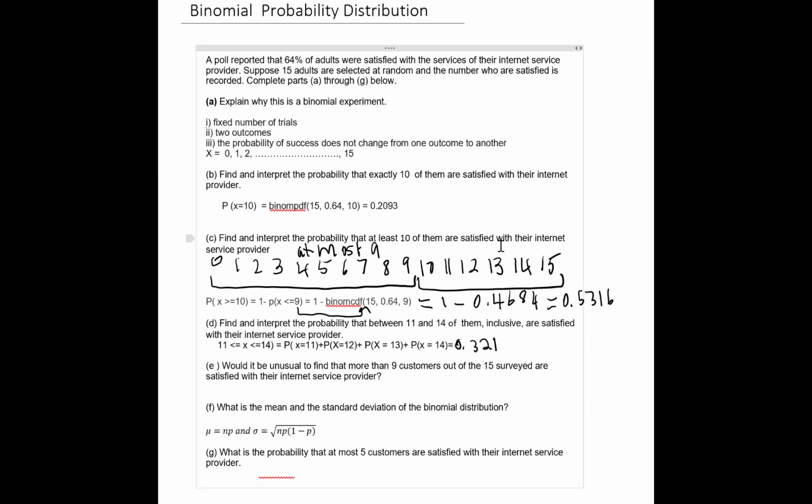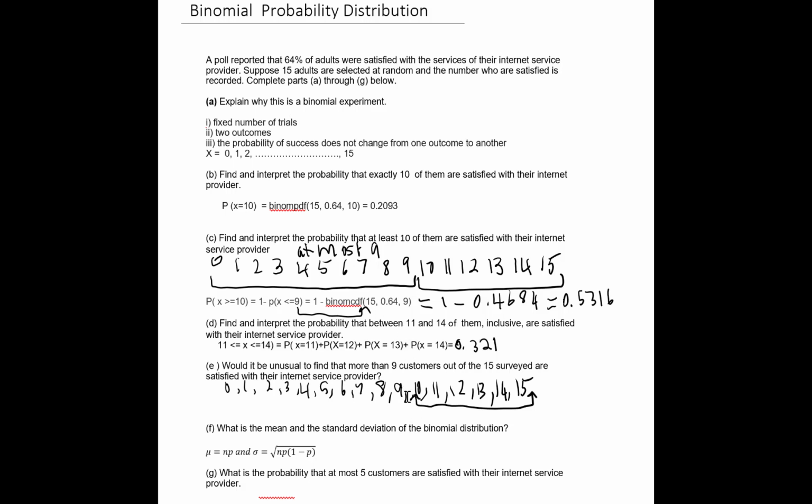Okay, now I'm going to show you how you could have done that using the TI-84. More than 9, guys, means 10 or 11 or 12 or 13 or 14 or 15. The calculator doesn't have a formula to find more than, but it has a way to find at most. Well, 10 through 15 is what we want, but what we don't want is 9 and less.